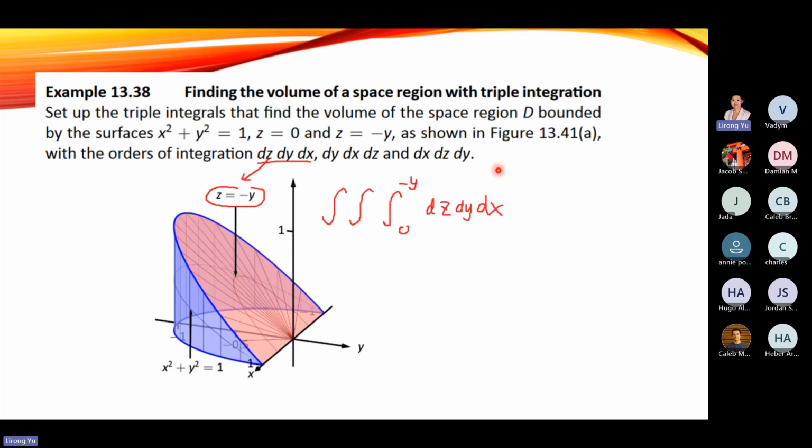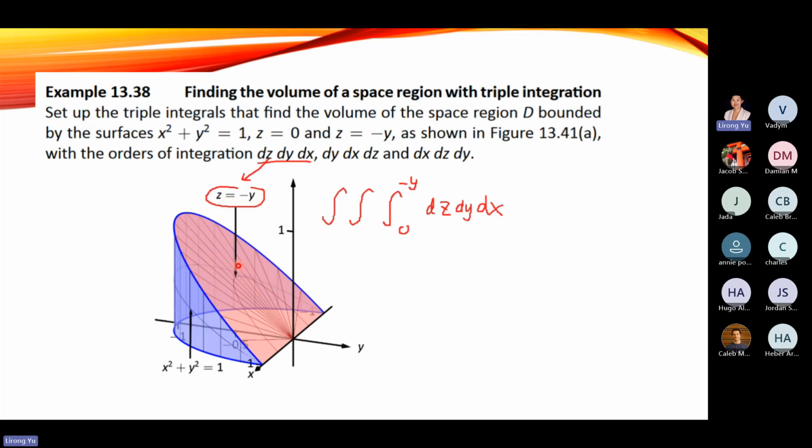Right, start with the first order of operation. If we want to do dz dy dx, number one, we want to identify what would be the proper boundary for z. So what is the higher surface? What's the bottom surface? You can see the top surface obviously is this one, z equal to negative y.